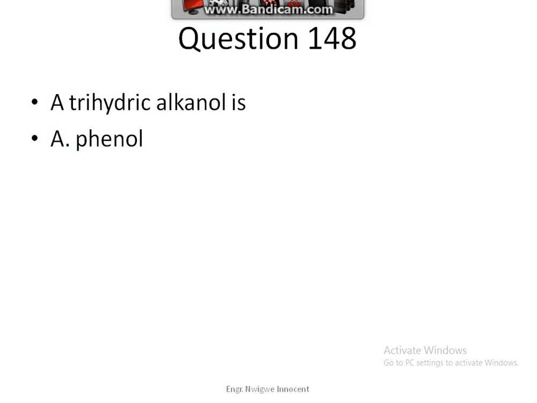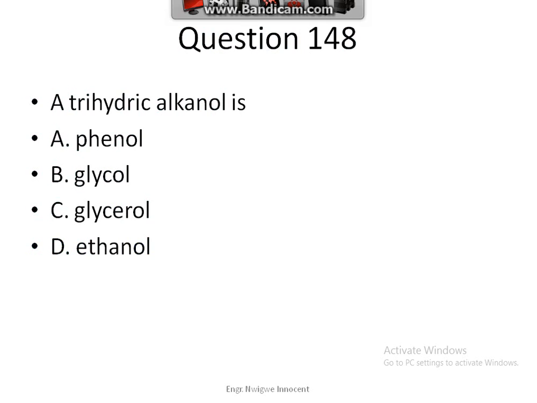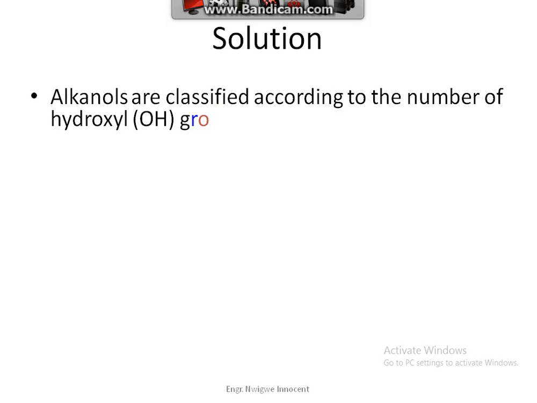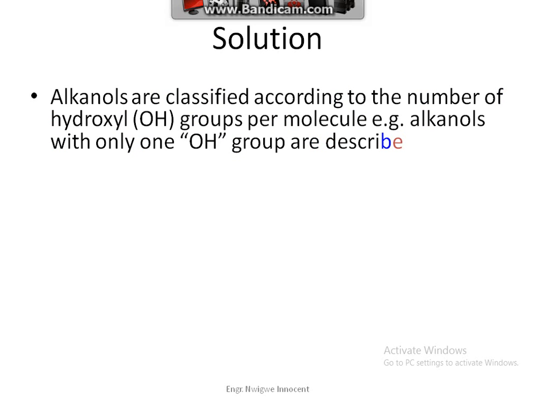Question 148. A trihydric alkanol is A. Phenol, B. Glycol, C. Glycerol, D. Ethanol. Solution. Alkanols are classified according to the number of hydroxyl OH groups per molecule.